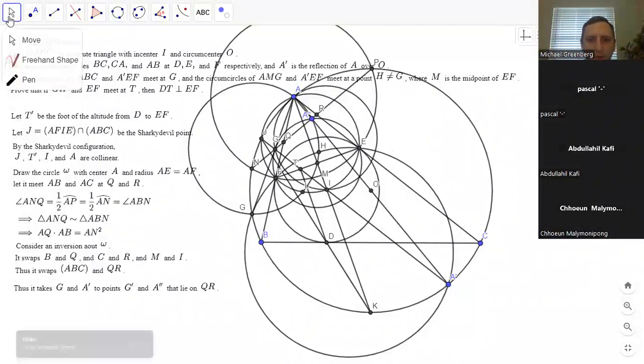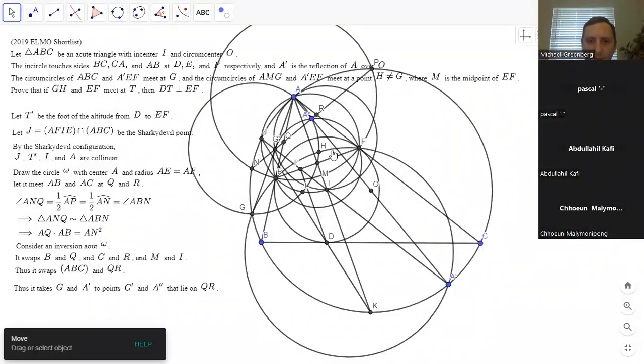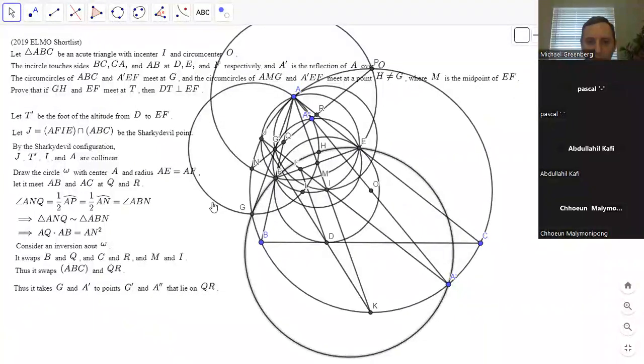Okay, so H is the intersection of this circle and this circle. So H prime, let's see, M goes to I. Okay, so this circle goes to this line through J, T, I, and A prime.